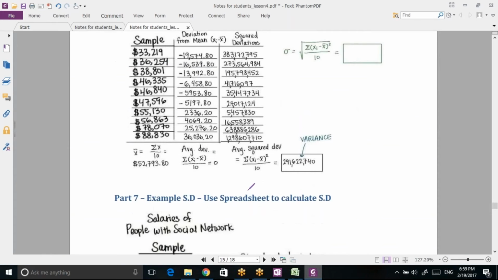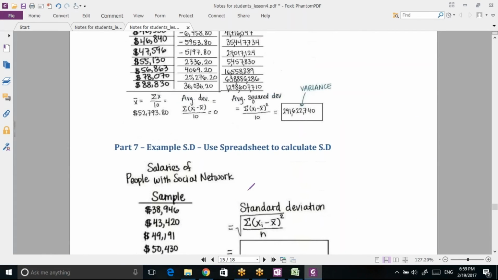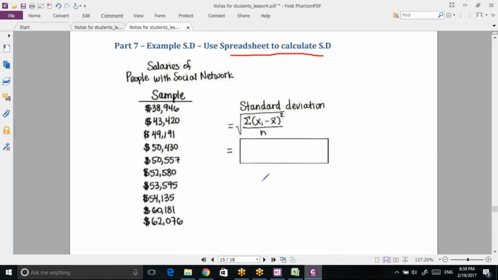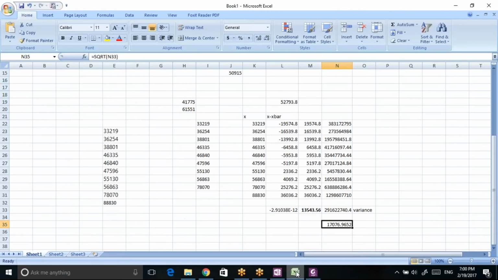Let's see how we can find out the same thing using a spreadsheet. Rather than using this data, I will be using the data that we have already. So now we know the standard deviation is 17,076.